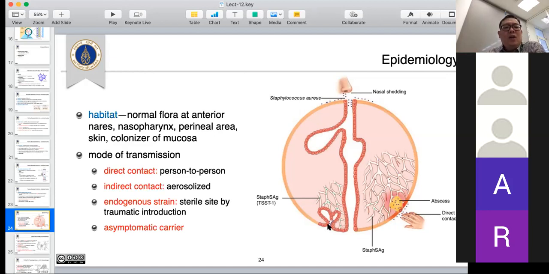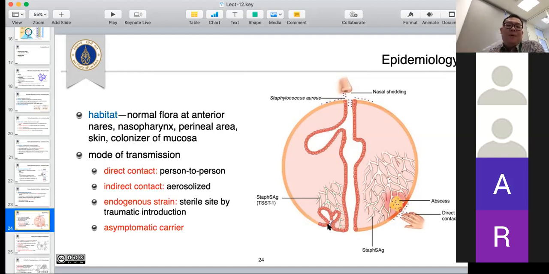You probably get an endogenous strain by going deep in your body through operation with unclean equipment, or once you try to recover from the operation, you might get infected after that. Accident, broken leg, broken arm, probably get infected by Staph aureus.